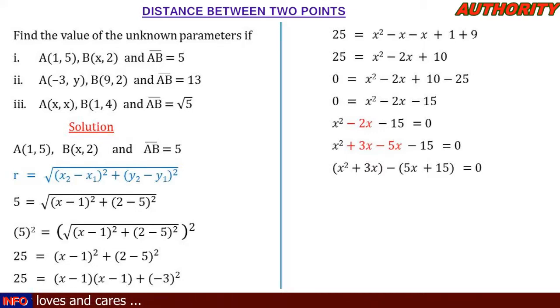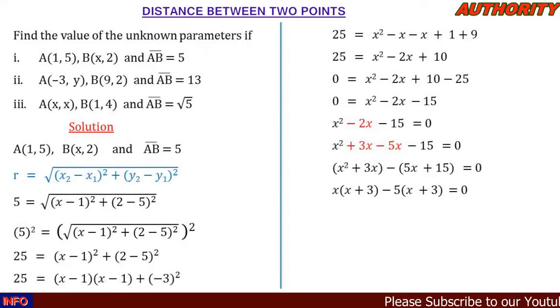Let's factor out. What do we have in common in x squared and 3x? We have x. So when we factor out x in x squared, we're going to have x remaining. And when we factor out x in 3x, we're going to have 3 remaining. All right, good. So here we have x, open bracket, x plus 3, close the bracket, minus, what do we have in common in 5x and 15?